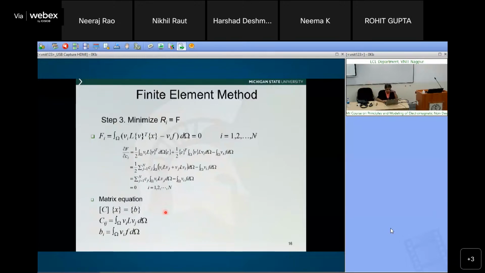In any finite element, starting from a differential equation, the end product is this matrix equation, where each element of the matrix is an integral.